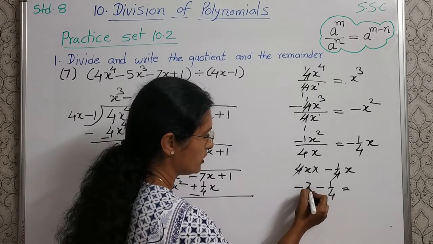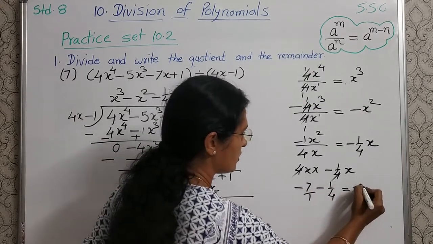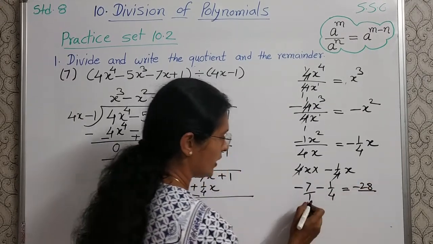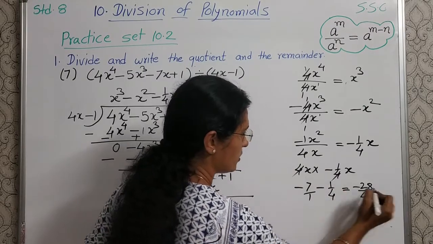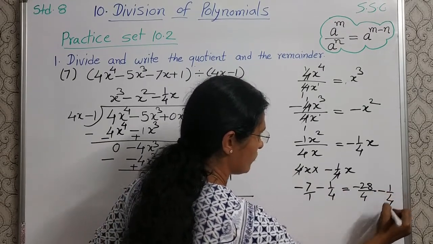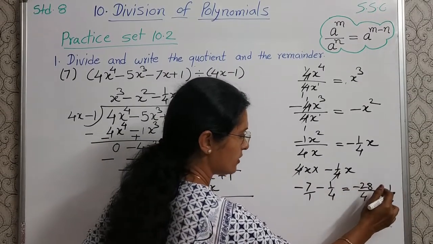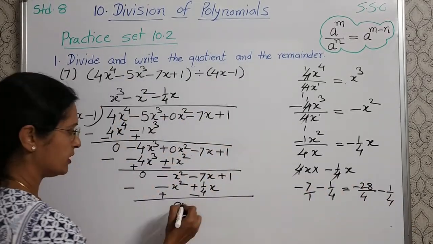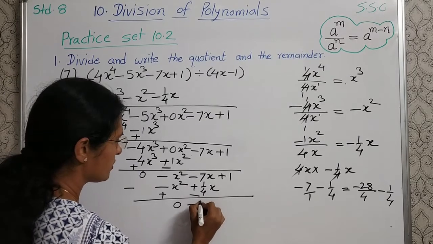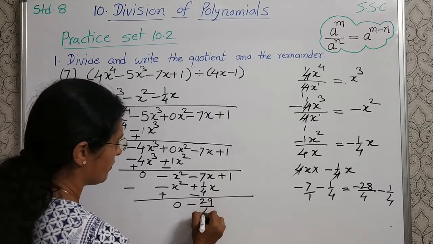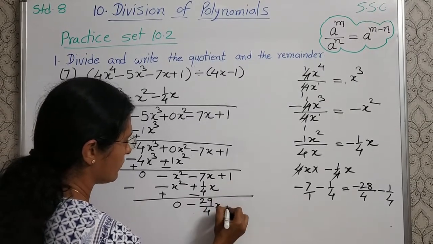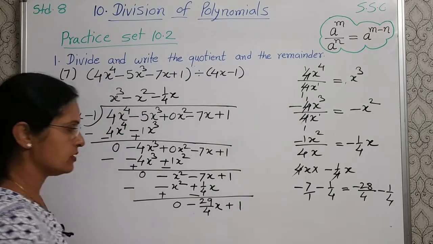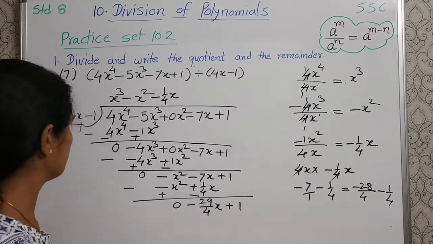So minus 7 into 4 is minus 28 and 1 into 4 is 4. Here minus 1 by 4. Minus 28 and minus 1 is minus 29 by 4, the common denominator. So minus 29 by 4x and this plus 1 as it is down in the remainder part.